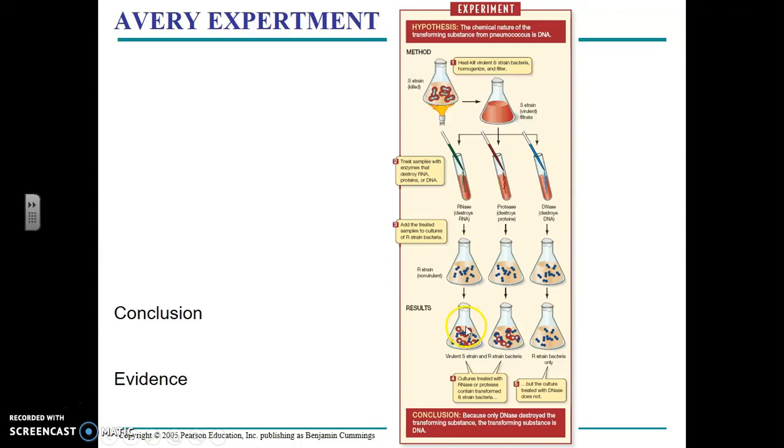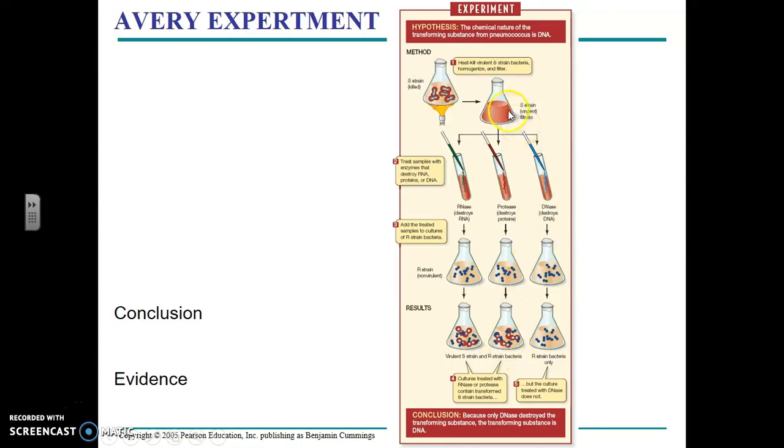You can see they have those protein coats, and they were able to kill mice. Then, he did the same thing, but he put the protease enzyme with the S-killed bacteria and then mixed it with R bacteria. Again, he saw that the R bacteria were transformed, or had that capsule that allowed them to kill.